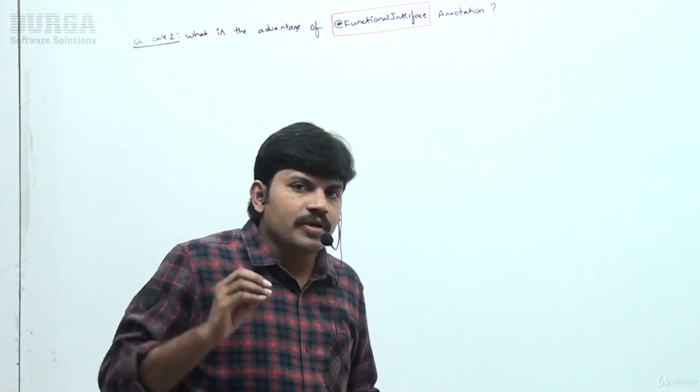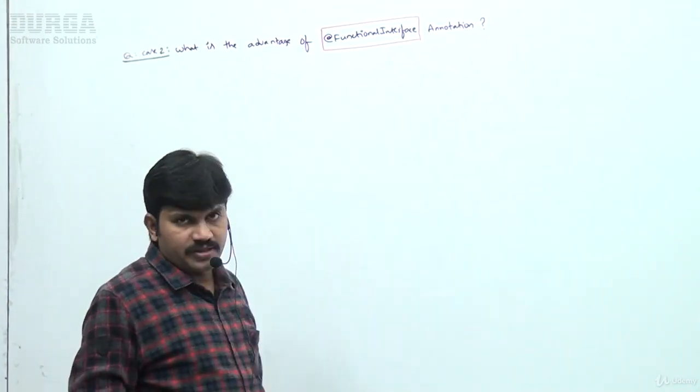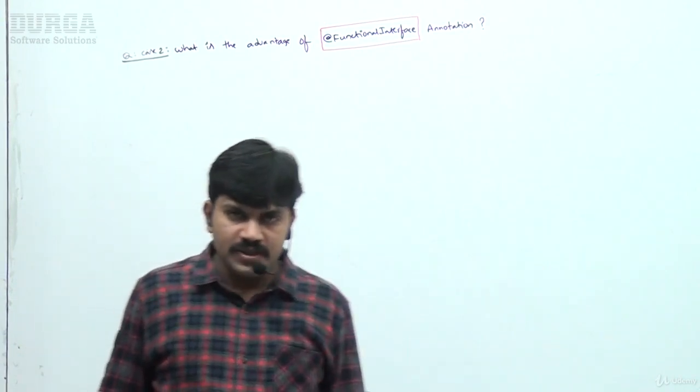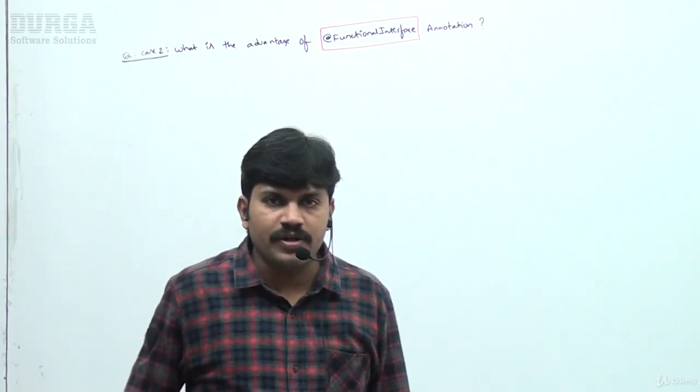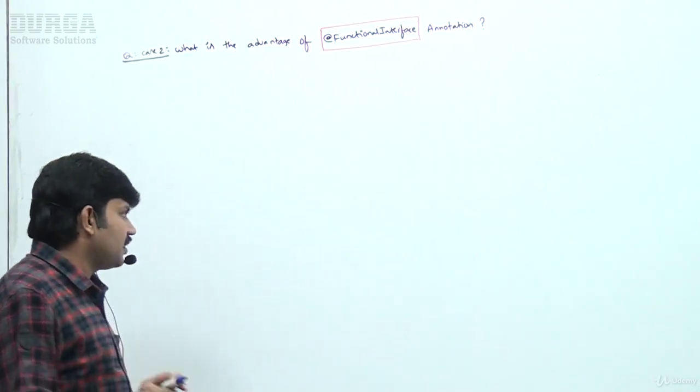So next important case, a small another observation you have to make. What is the advantage of the @FunctionalInterface annotation? If I am writing the @FunctionalInterface annotation explicitly, what advantage do we get by default? Very simple, sir, just listen.